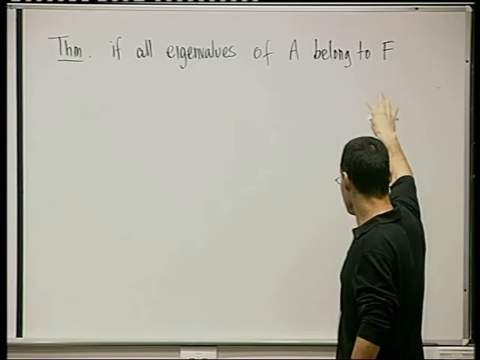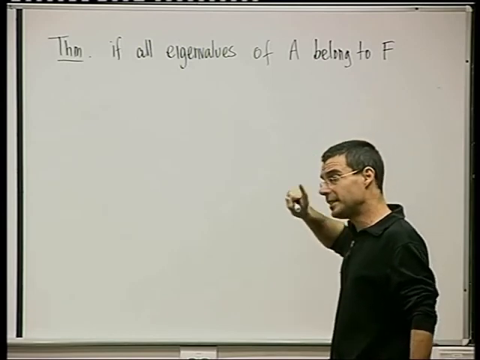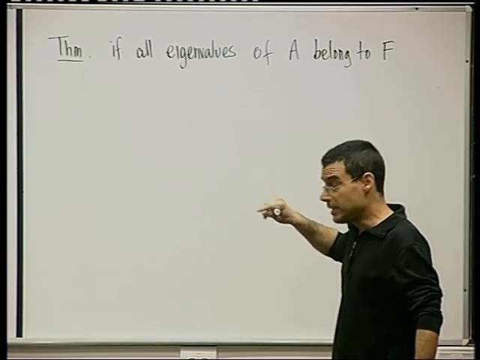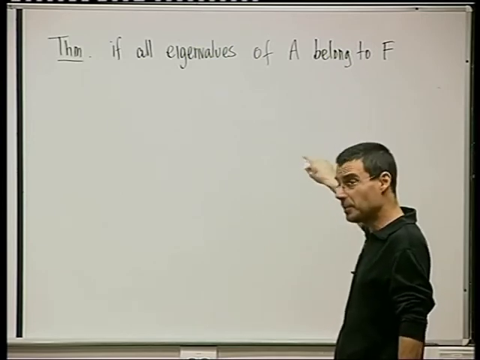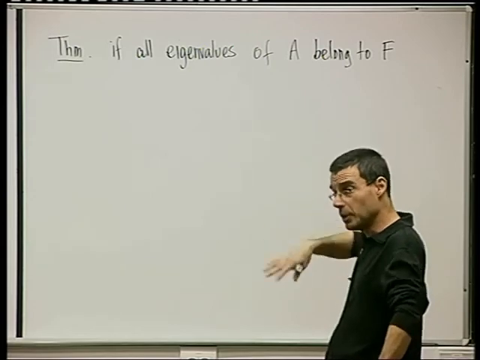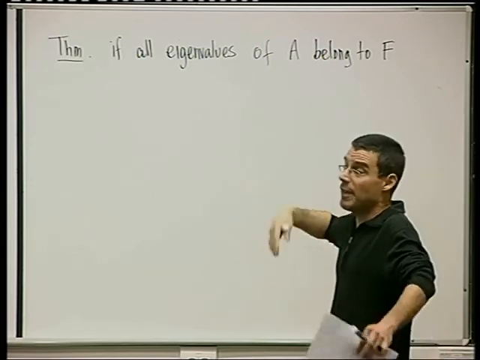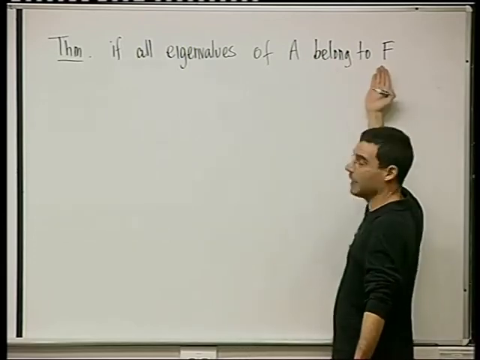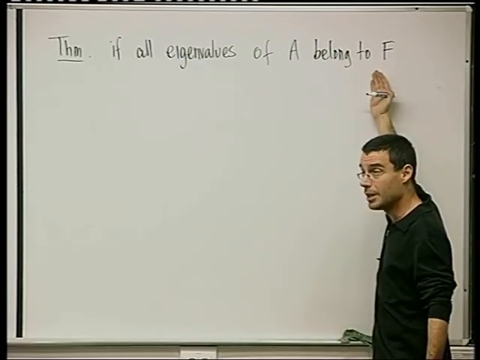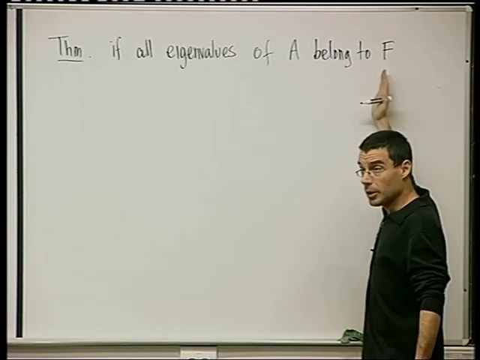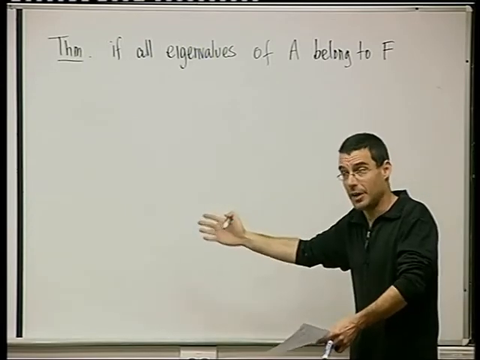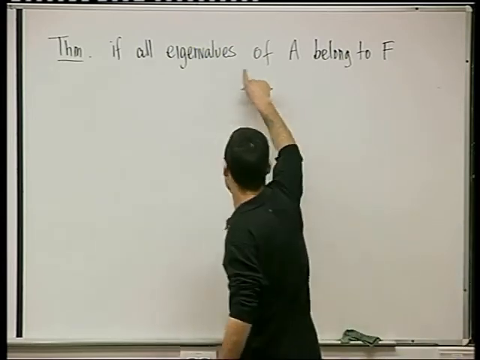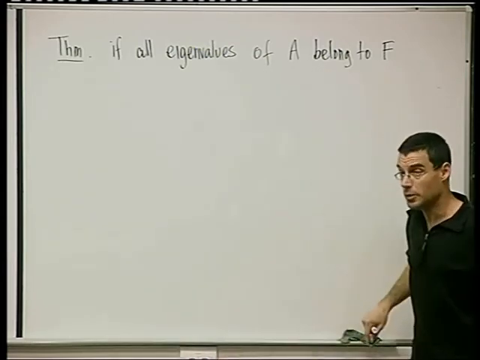If they all sit in the field F, that doesn't necessarily mean that F is algebraically closed. It's per matrix. If F is algebraically closed, then for any matrix all the eigenvalues belong to that F. But if it's not algebraically closed, for some matrices all the eigenvalues are in the field, and for others, not.